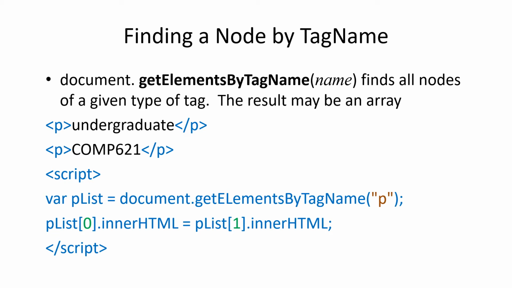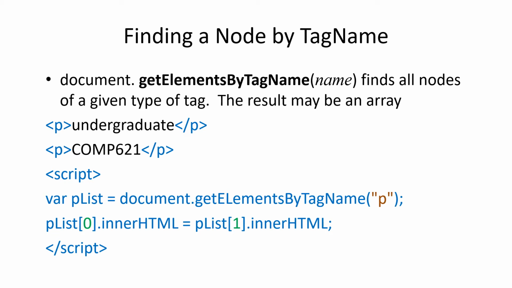So when we call getElementsByTagName, it's going to return a list of the elements. In the example down here in the JavaScript, we call getElementsByTagName on the document object, passing a parameter of "p", because we want a list of all the paragraphs. So now plist is a JavaScript list of all of the paragraph elements in the HTML page.